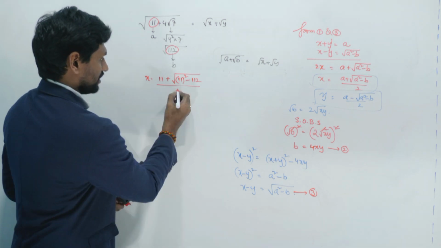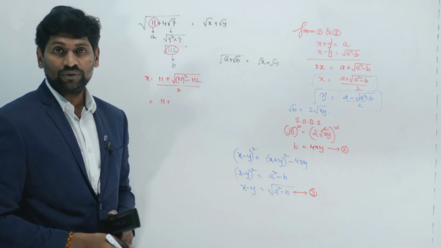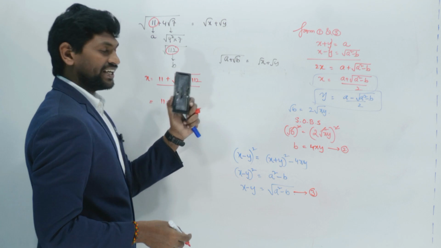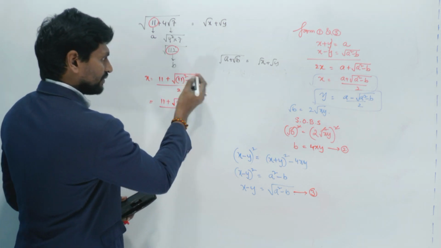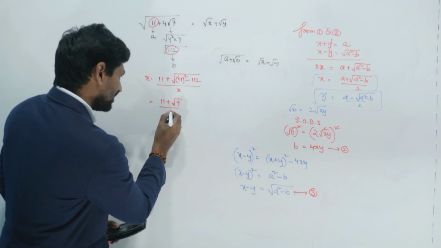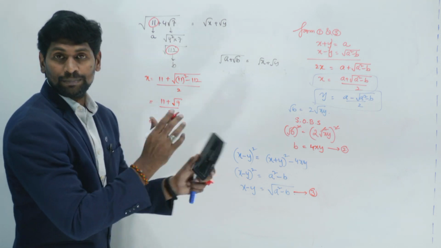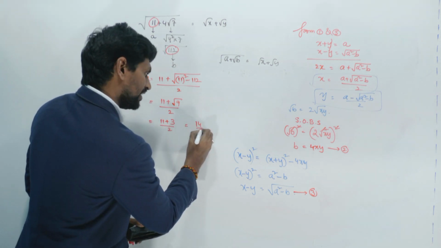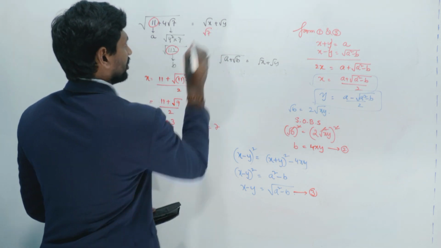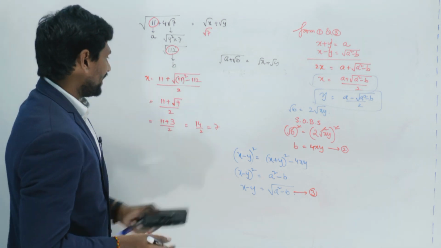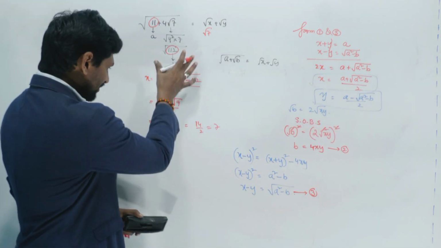That equals 11 plus, 11 square is 121, 121 minus 112 is 9. Root 9 value is 3. So 11 plus 3, 14, by 2 is nothing but 7. This is the x value, that means root 7 we got. Now y value. Y is in the form of a minus, so everything will be the same.